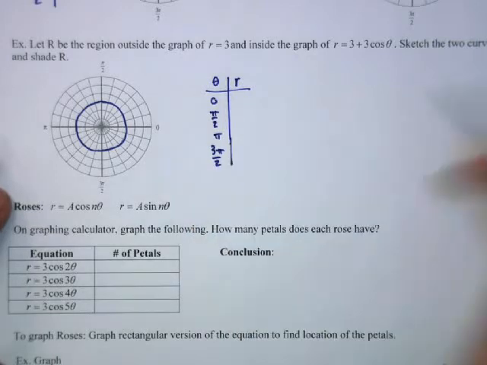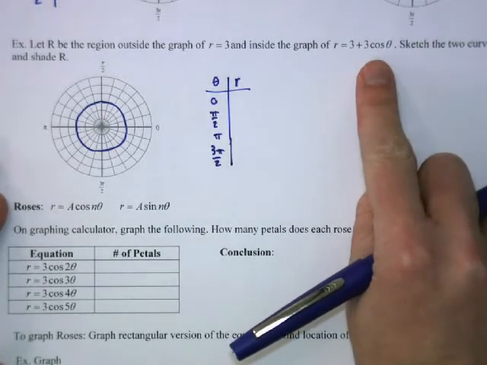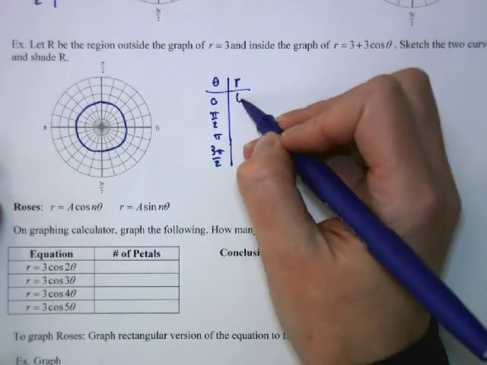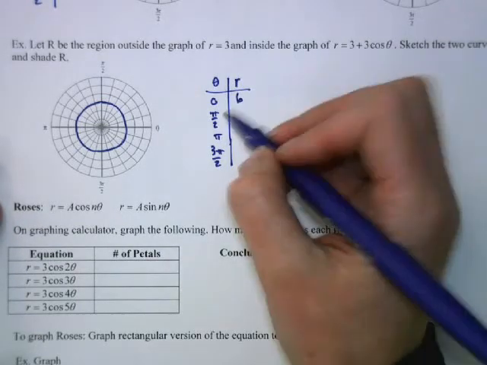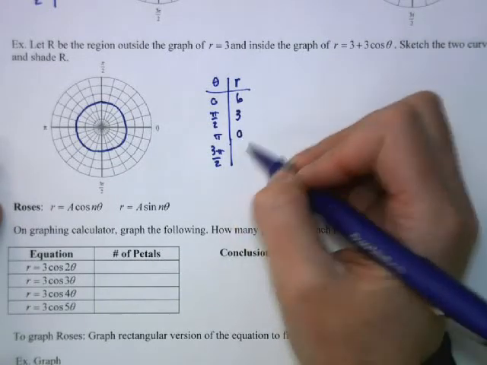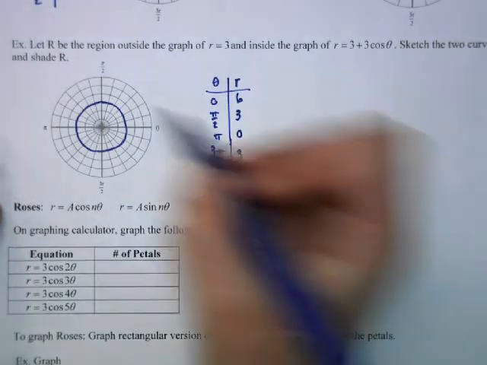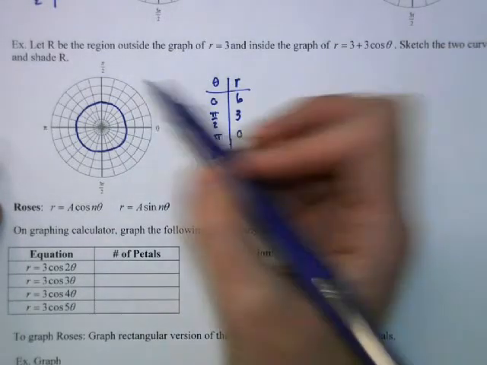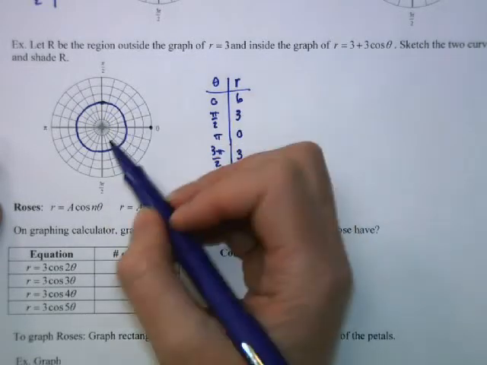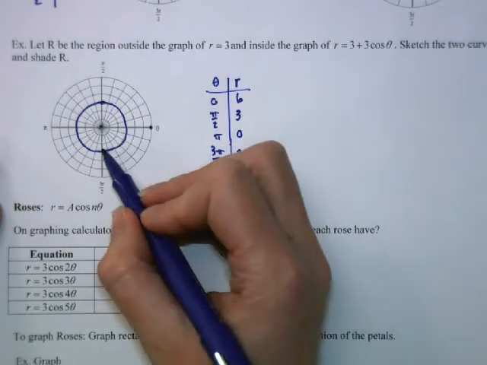But you're probably already seeing some patterns. We know this is going to be symmetric to the x-axis. Cosine of 0 is 1, so we get 6 here. Cosine of pi over 2 is 0, so we get 3. Cosine of pi is negative 1. Okay, so we plot these points. So 0 is out here at 6. Then we're at 3, 0, 3.